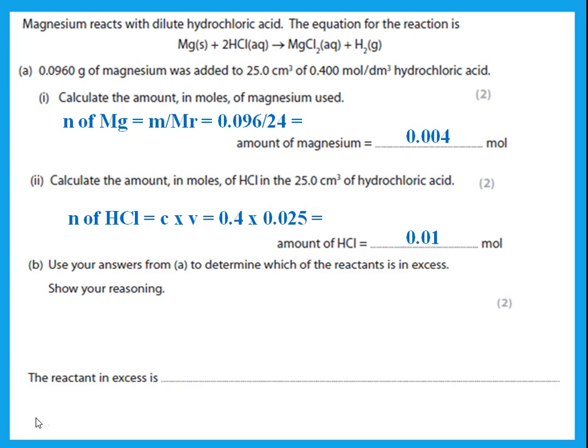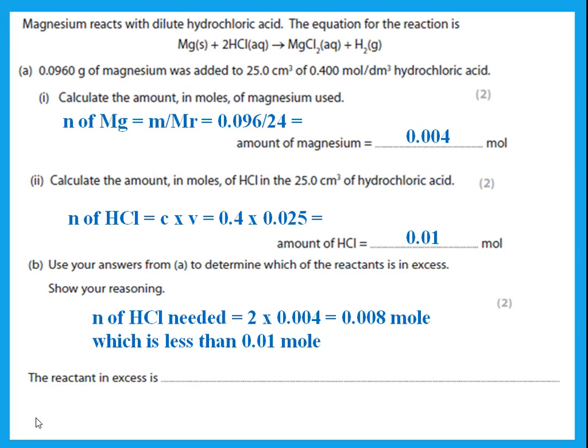So if I'm starting with 0.004 moles of magnesium, I need how much of HCl? I need only 0.008, but he put 0.01. Can you see that 0.01 is more? So the HCl is excess, and that is because the number of moles of HCl needed is twice that of magnesium, and what I have is more than that. So the HCl is the excess reagent. Do you understand how we thought about this?